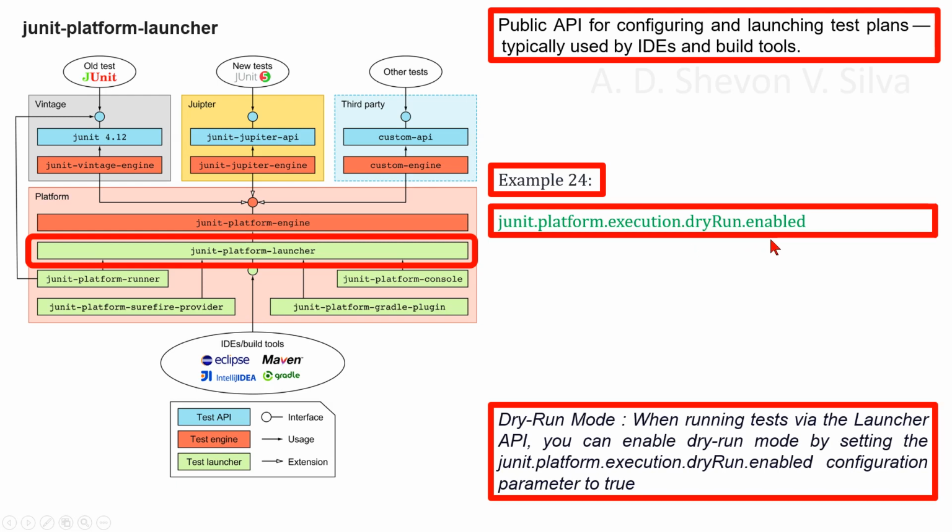In this mode, the launcher will not actually execute any tests, but will notify registered TestExecutionListener instances as if all tests have been skipped and their containers have been successful. This can be useful to test changes in the configuration of a build and to verify the listener is called as expected without having to wait for all tests to be executed.